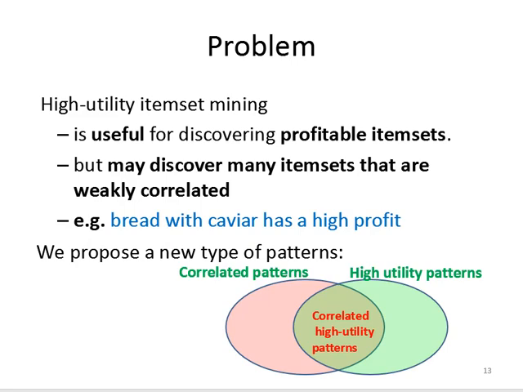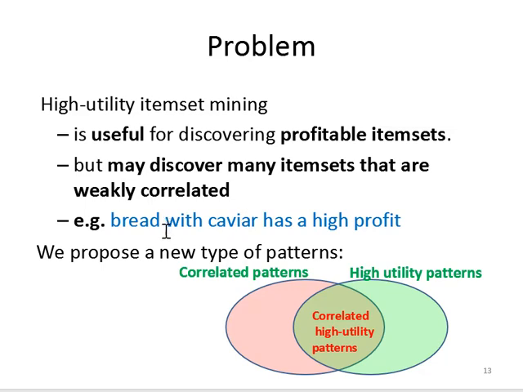Okay, so high utility item set mining is very useful. We can find the patterns with high utility or money. But there is a problem. It is useful to find the patterns that are profitable with a lot of money, but it can discover some item sets that are weakly correlated.